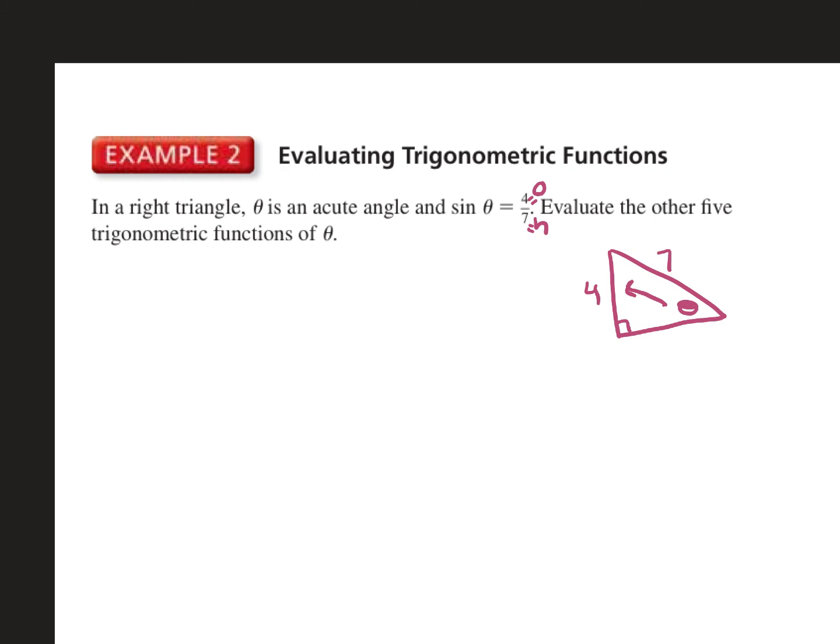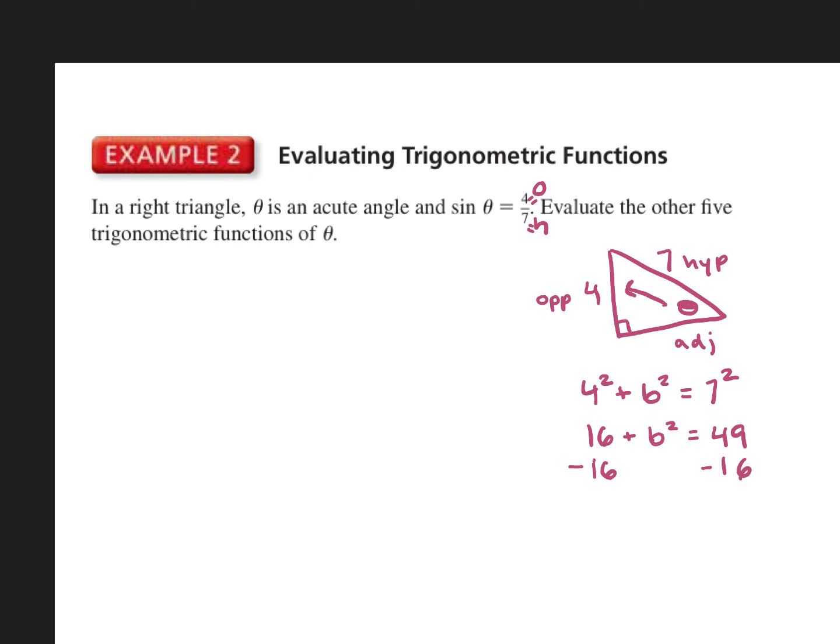How do we find the missing side? Pythagorean Theorem. So we're looking for our adjacent. So we have 4 squared plus b squared is equal to our hypotenuse, which is 7 squared. So 16 plus b squared is equal to 49.